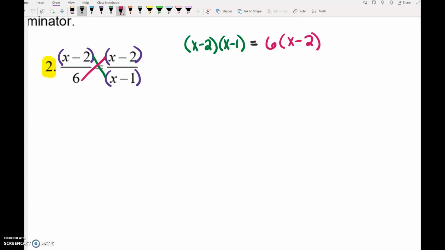What do you think we need to do on each side? We need to distribute, multiply it out. So we've got x times x is x squared, negative 1x, negative 2x plus 2, and 6x minus 12.